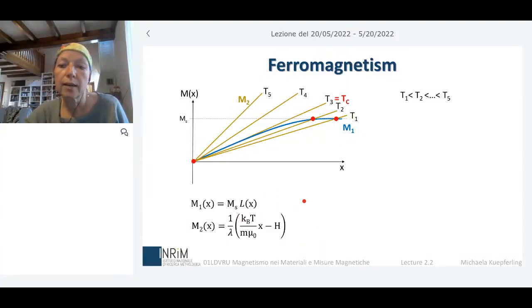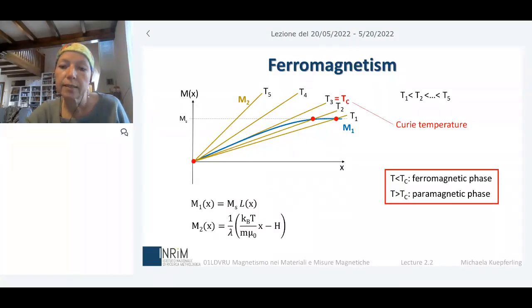Of course, what I did not mention at the beginning is that in this calculation, we did not consider the applied magnetic field, because the applied magnetic field, as you can see here, would shift this function m2 parallel to these lines here, which are crossing at m equal to 0.